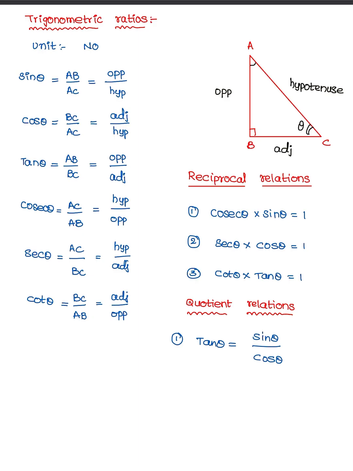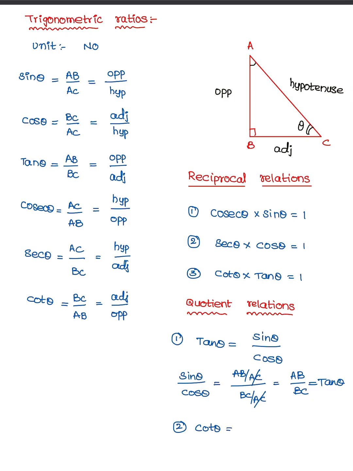To prove this, take sine theta upon cos theta in the same triangle. Sine theta by cos theta is equal to AB upon AC divided by BC upon AC. The denominator AC gets cancelled, so AB by BC, and AB by BC is tan theta. So tan theta is equal to sine by cos. In the same way, cot theta is the reciprocal of this.